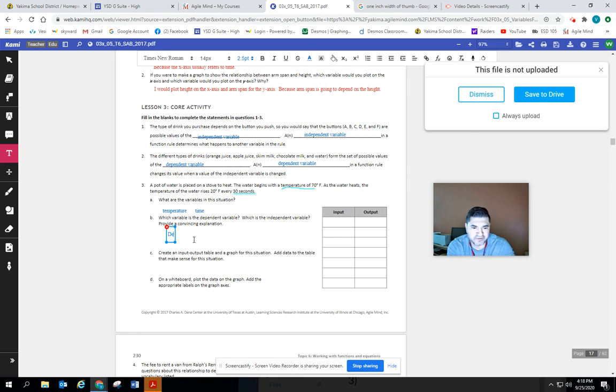Okay, so the dependent variable is temperature because it depends on time.